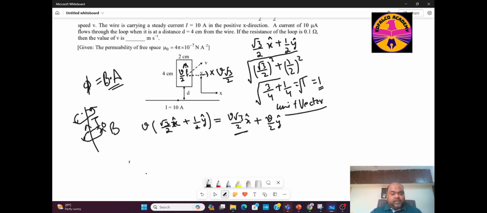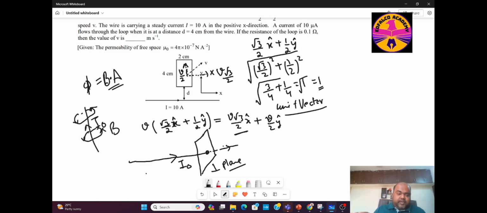The theory basically says that if the current is going, let's say I naught in this direction, and this is the perpendicular plane, then by the curling of the fingers, you can find the direction of the field.